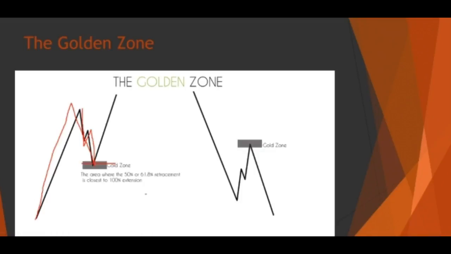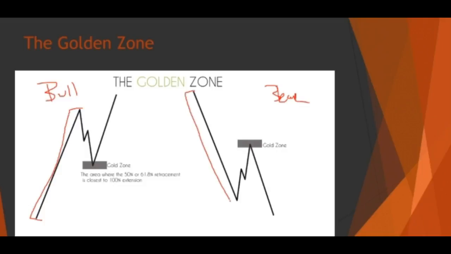You want your reasoning for rejection to be done well. In a bullish market, in this case over here, this is a bull market or an upward, and this is a bear market. In this case, you're taking your Fibonacci retracement from your low to your high, and in this case, you're taking it from your high to your low.